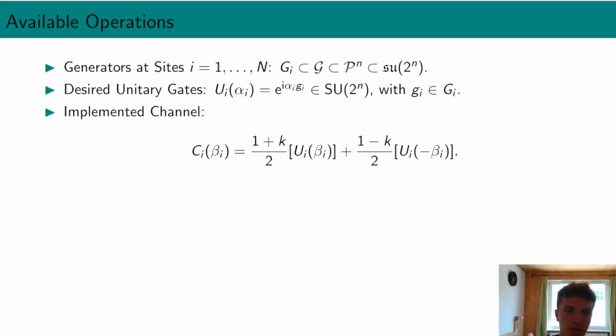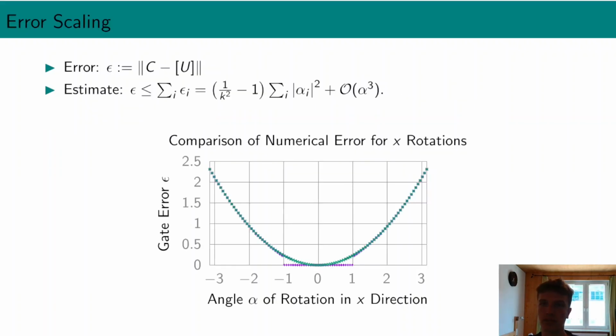And so it's not unitary, but slightly altered. Especially if the order parameter is close to 1, then we are very close to the unitary that we want to implement. And as a first thing, we can now look at the error scaling.